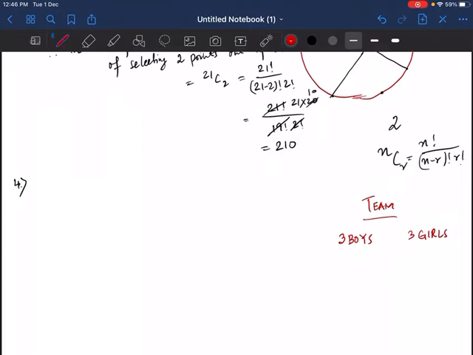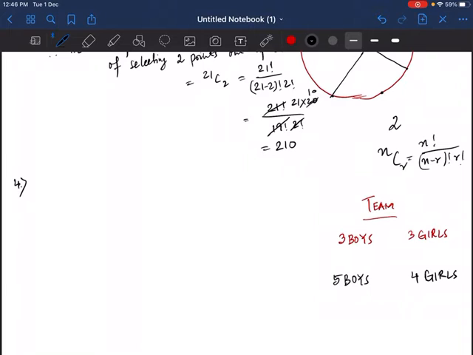Now how many boys are there? In total there are 5 boys and 4 girls.